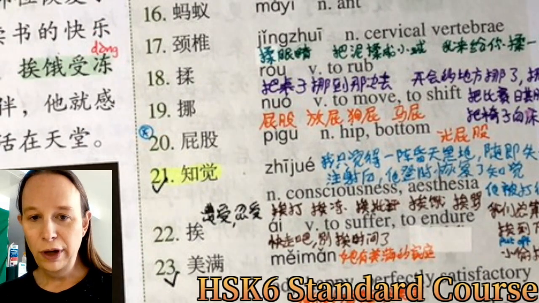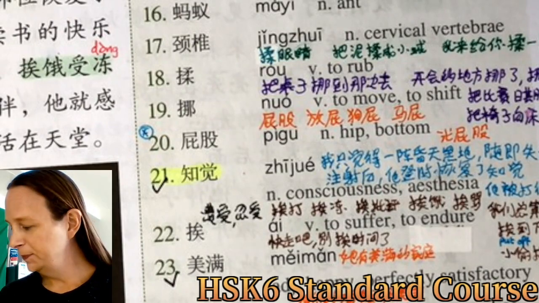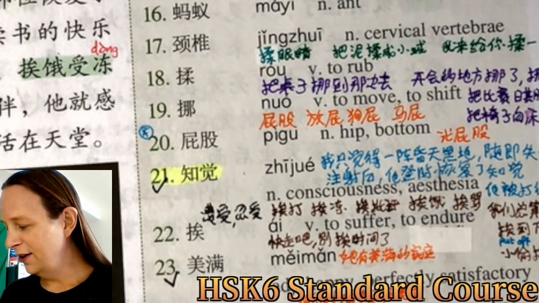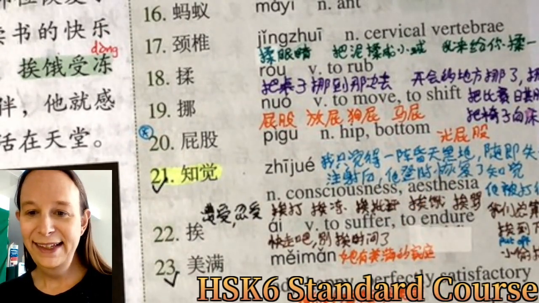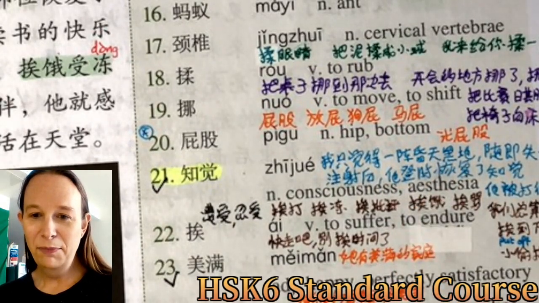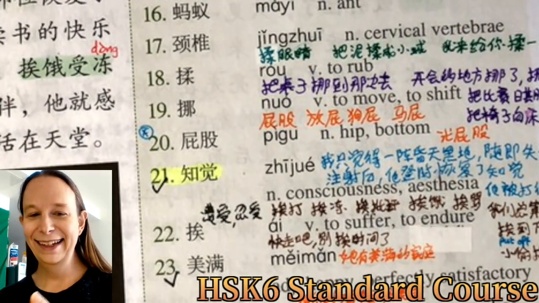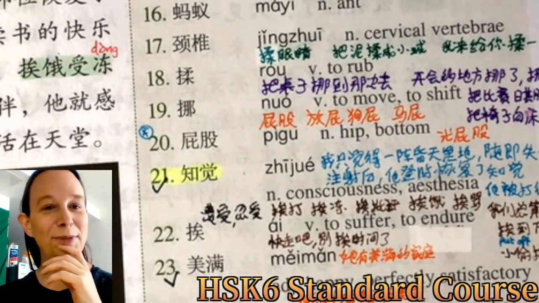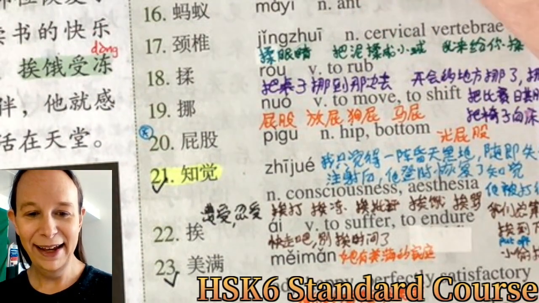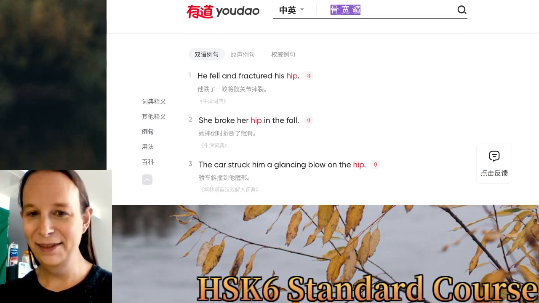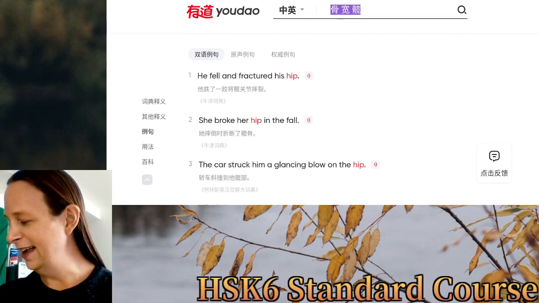Next, 知觉 is also a noun. 知觉 is consciousness. So this is a medical term. You probably know the term anesthesia, which is the opposite of this, right? Anesthesia puts you to sleep. You're not awake, and you take an anesthetic to make you non-awake.